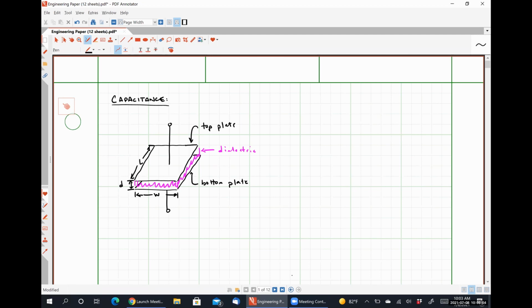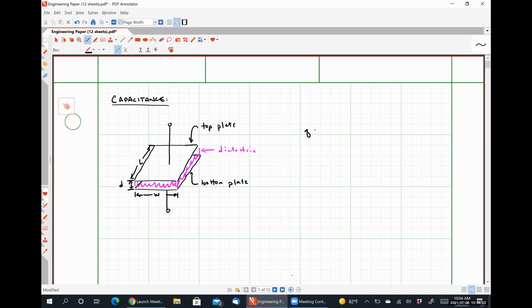Because the collected positive charge is physically separated from the collected negative charge by the dielectric material, an electric field will be generated between the plates, and this electric field is the energy storage mechanism of the capacitor.